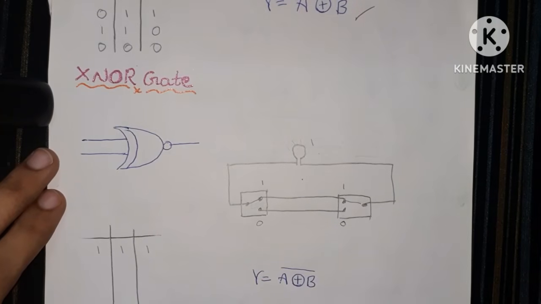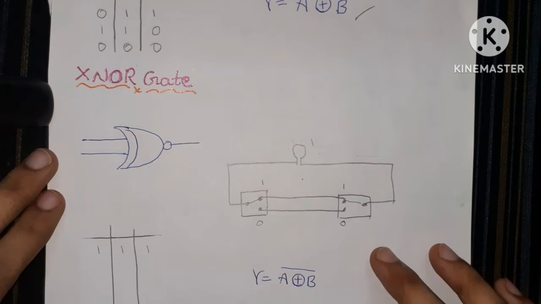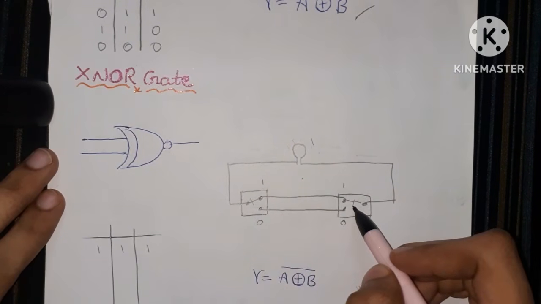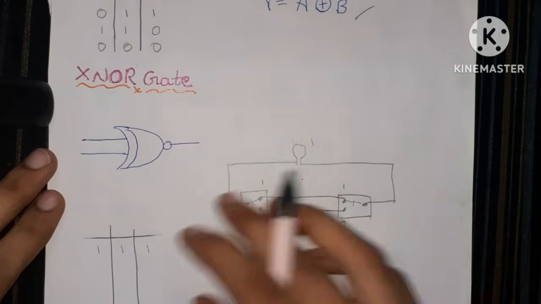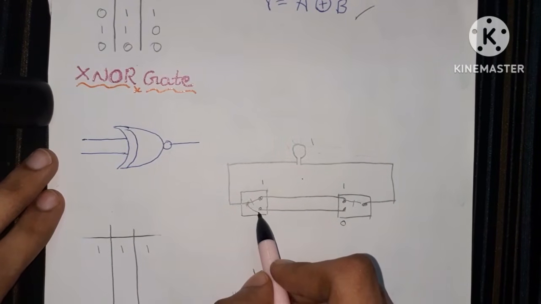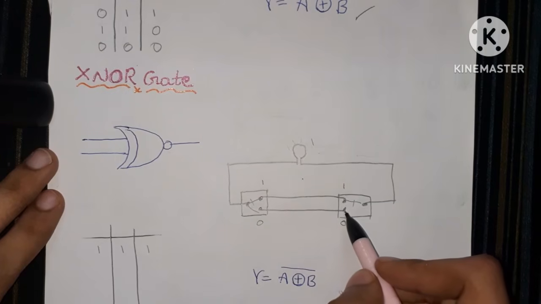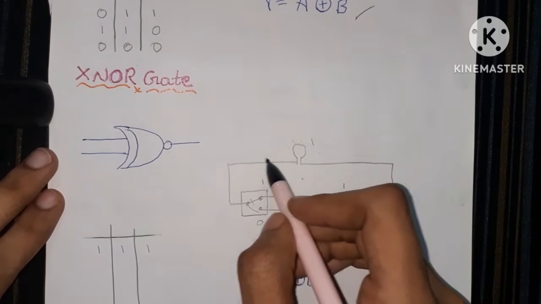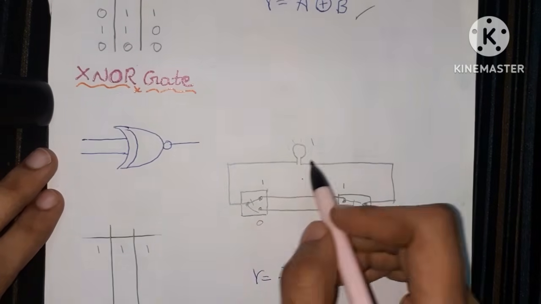Just imagine like that. Nothing great in this, it is very easy. Next, imagine I have opened these switches, I have removed the connections, and I have given the connection to this 0 and this 0. Forget about this 1 and 1. Now I am talking about these zeros.